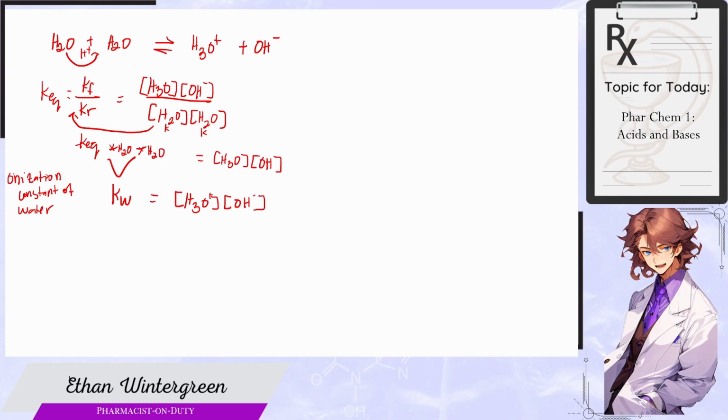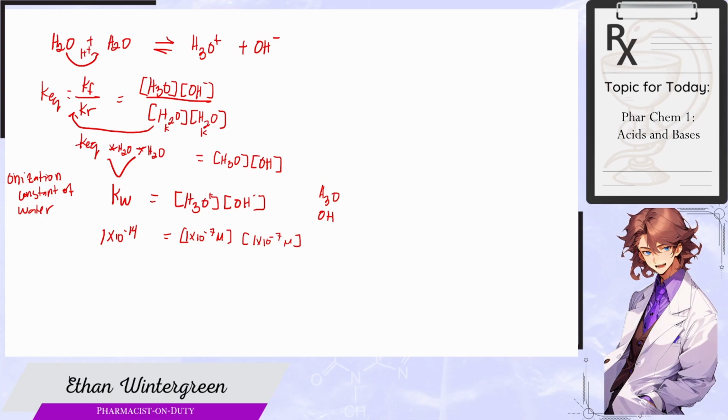Now, the interesting thing about KW is that it has a value of 1 times 10 to the negative 14. In pure water at 25 degrees Celsius, H3O and OH are equimolar, meaning they have the same amounts. That amount is 1 times 10 to the negative 7 moles per liter, and OH is also 1 times 10 to the negative 7 moles per liter, or molarity.